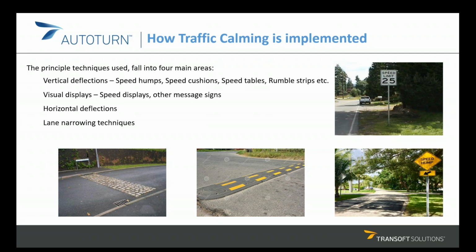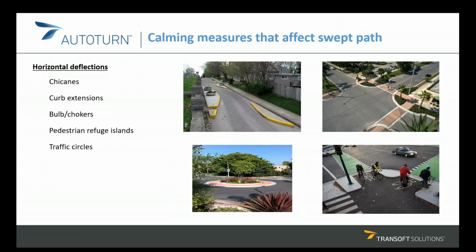The vertical deflections include speed humps, speed cushions, speed tables, rumble strips, etc. And the visual displays are speed displays or any other message display signs on the roadside. Both of these techniques do not have a direct impact on the swept path of the vehicle. So the traffic calming measures that have direct impact on the swept path of the vehicle are horizontal deflections and the lane narrowings.